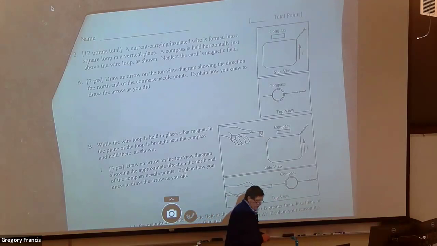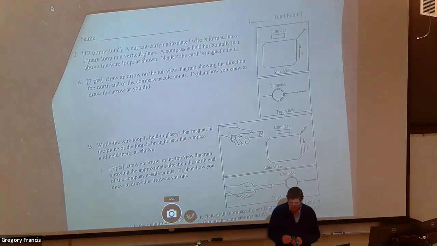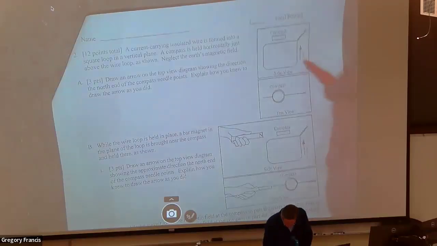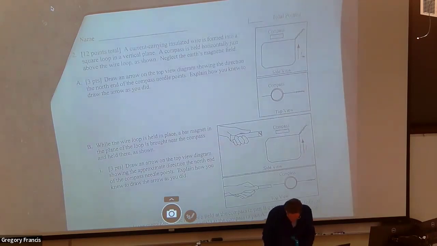Now, the question is, if the current is going as shown here, what would the compass needle look like? Well, here we are testing a couple of things.